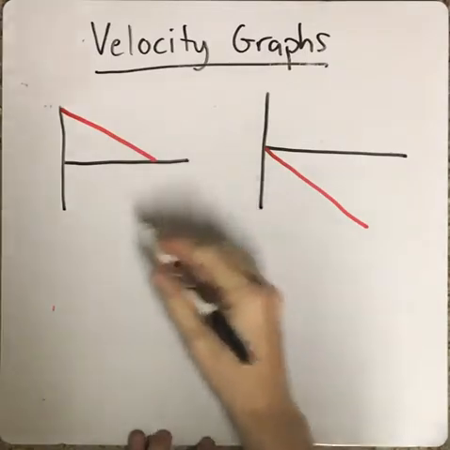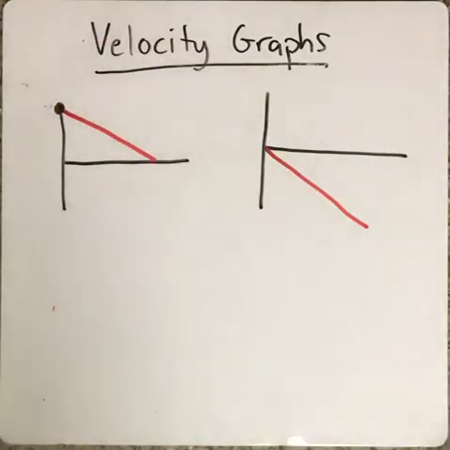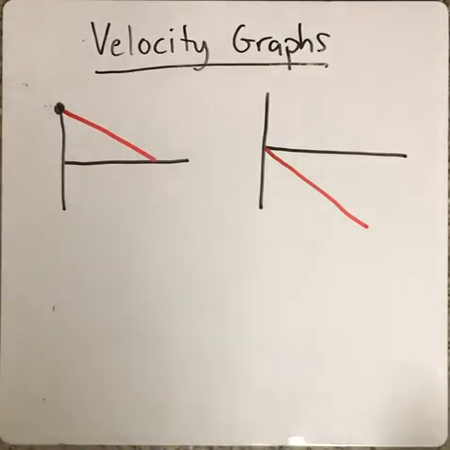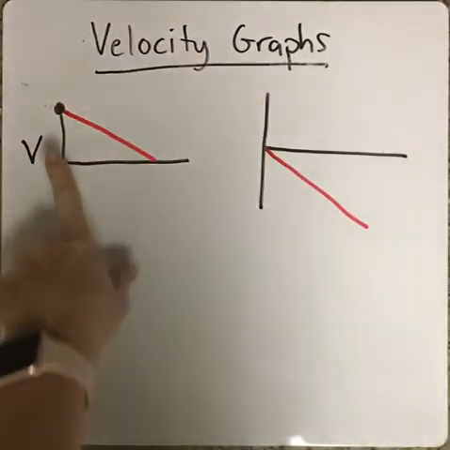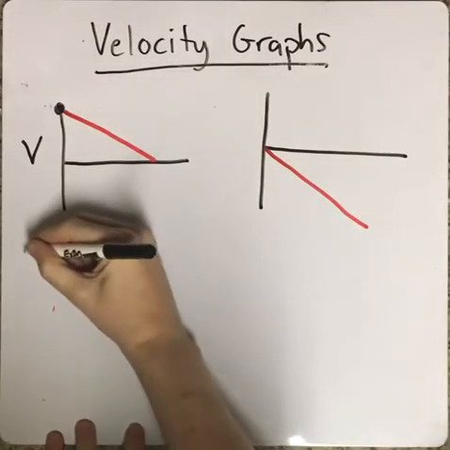In the first graph, notice that we start up high on the axis. This point is telling me it's not the initial position of the object because this is not a position graph, it's a velocity graph. So this intercept here is actually the initial velocity.